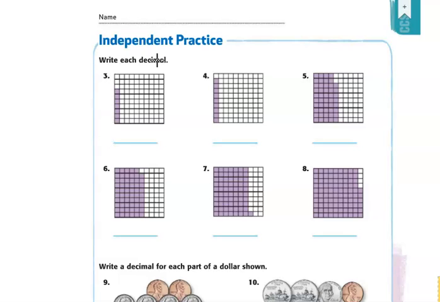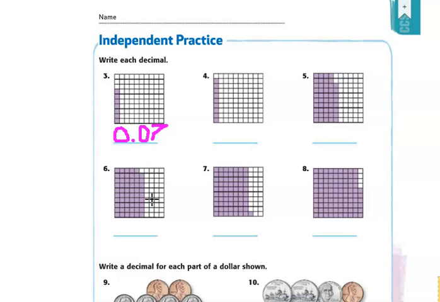Okay, so write each decimal. I've got no grids that are completely shaded, so I have no ones. There goes my decimal. I have no rows that are completely shaded, so I have 0 tenths. And then I have 1, 2, 3, 4, 5, 6, 7 hundredths.